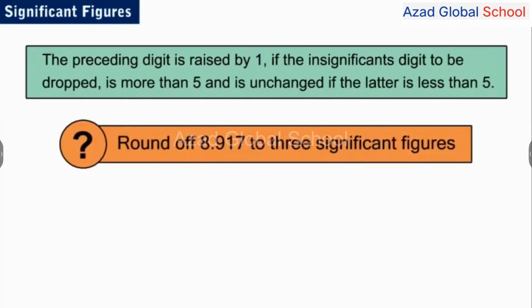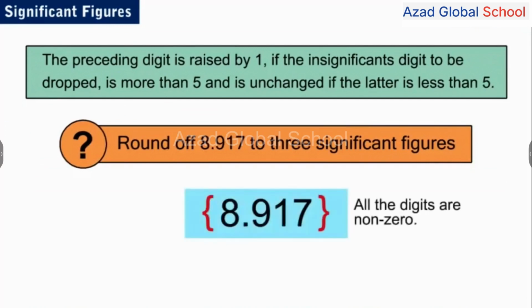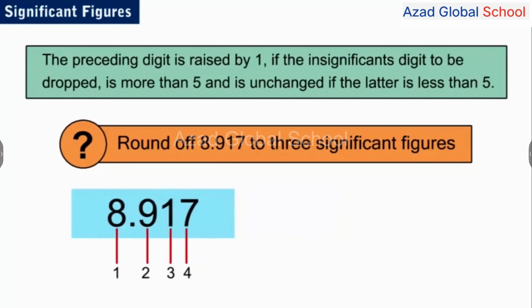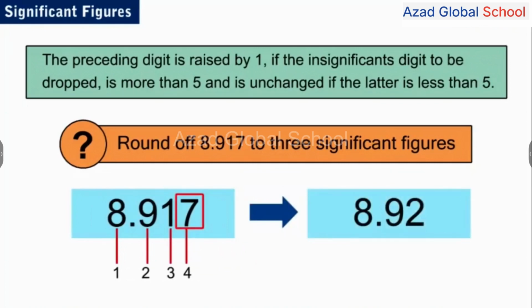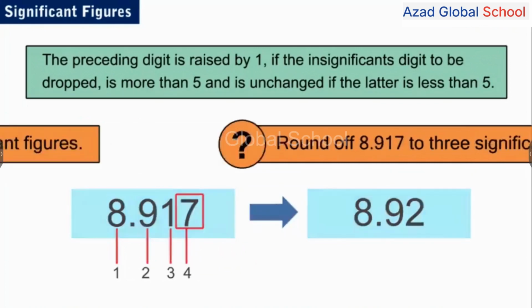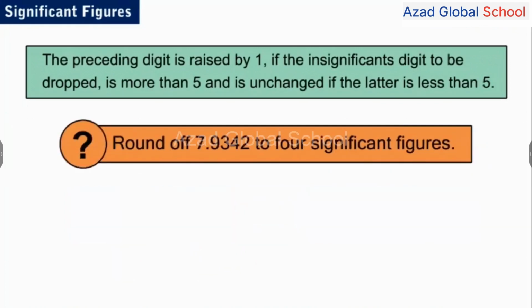Here is an example. We will round off 8.917 to 3 significant figures. This number has non-zero digits, and there are 4 significant figures. In the decimal place, we will round off 7, resulting in the number 8.92. Here is another example.